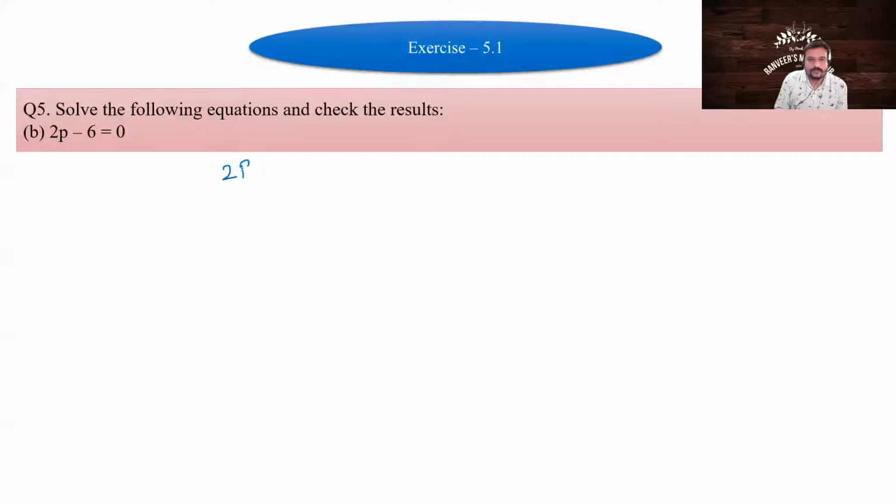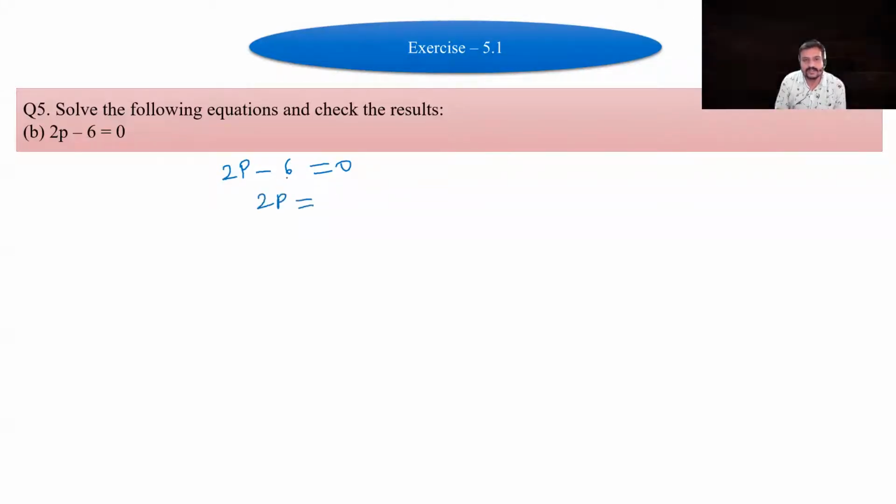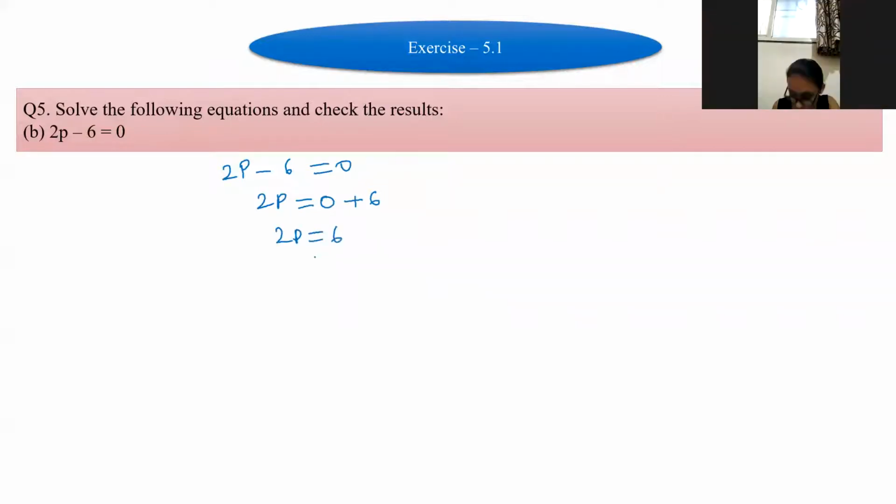This is my main equation. What is the main rule here? Shift all the variable terms to LHS and all the constant terms to RHS. So 2p will remain on this side only. This 6 we will have to shift to RHS. So this will become 0 plus 6. So 2p is equal to 6. p is equal to 6 upon 2. p is equal to 3.